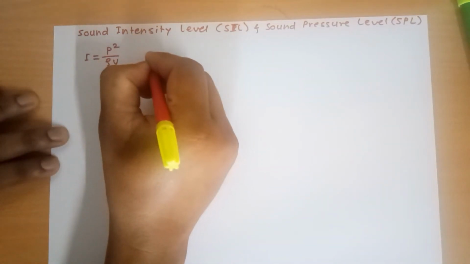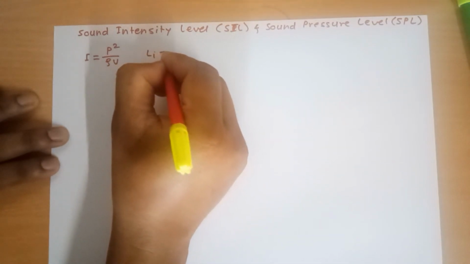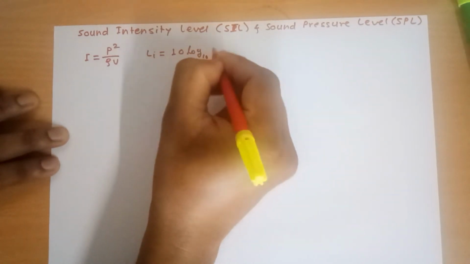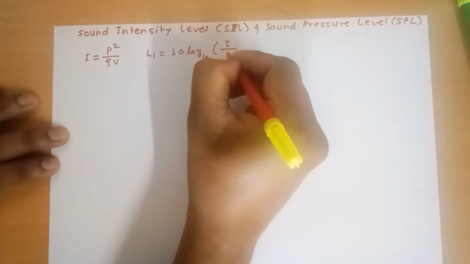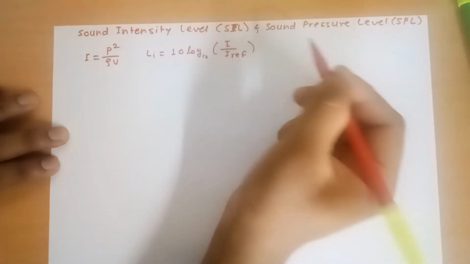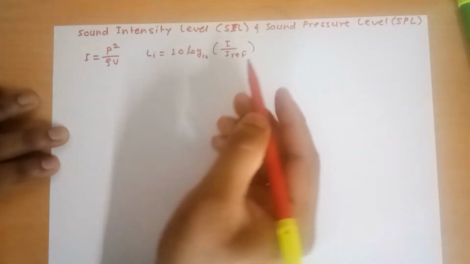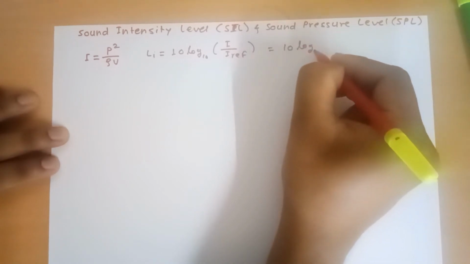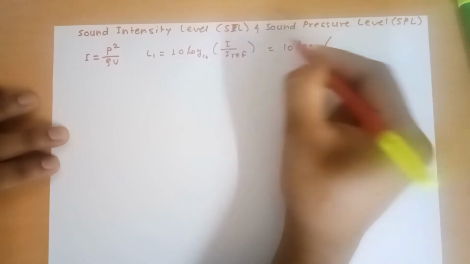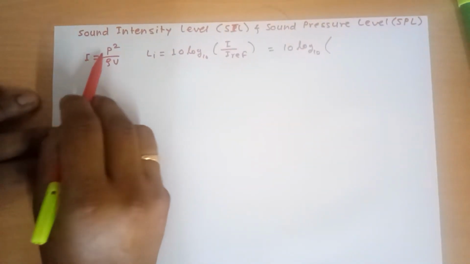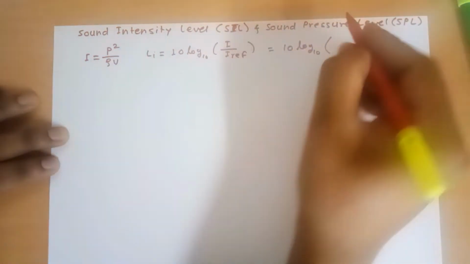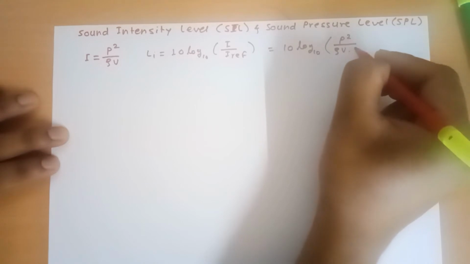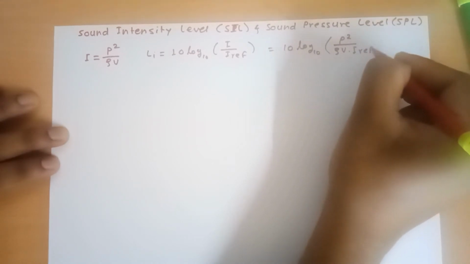Also we know the sound intensity level can be calculated as 10 log to the base 10 of I to I reference. So when we put these values here, we will get 10 log to the base 10. Instead of this I, we will put I is equal to P square divided by rho V. So P square, that is root mean square pressure square, divided by rho V into the denominator term as it is.